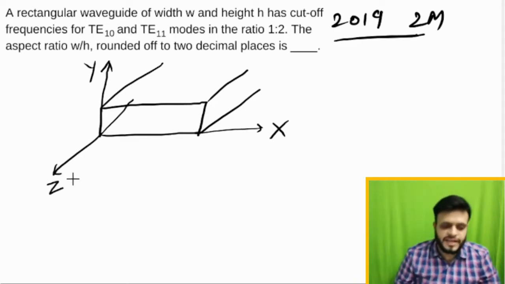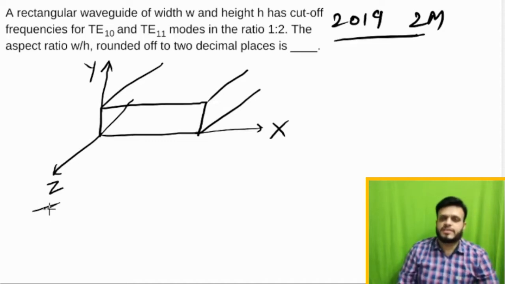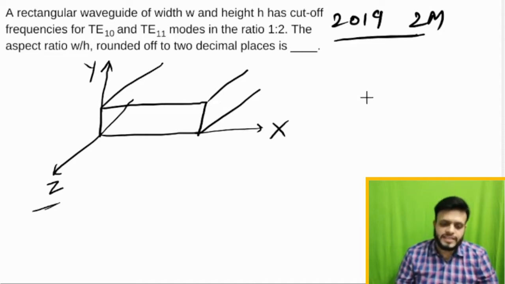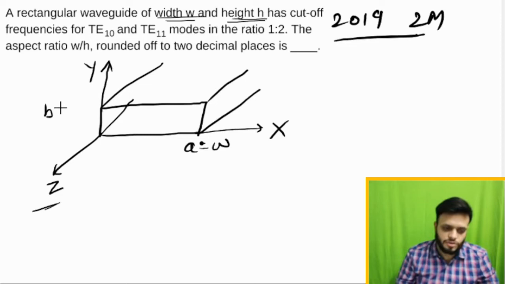The z-axis, unless mentioned otherwise, is generally taken as the direction of propagation. The x-axis will be the width, that is a. Here in the question the width is given as W, so we can write a equals W, and on the y-axis we have the height, denoted generally by b, but here in the question it is given as h, so b equals h.